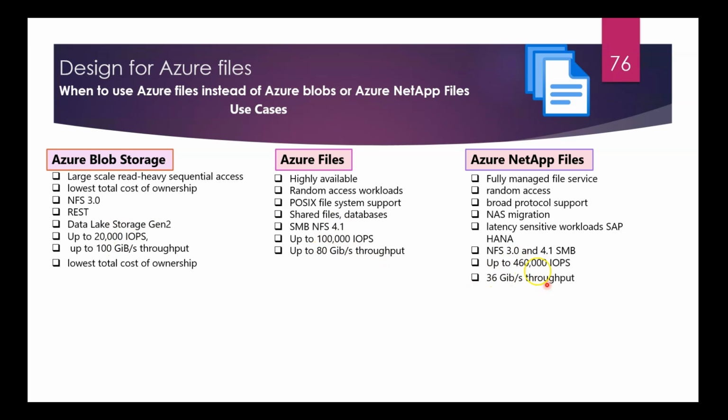It's about 4 times bigger in IOPS. And throughput is close to 36 Gbps, which combined with the IOPS is great performance that you get with Azure NetApp.